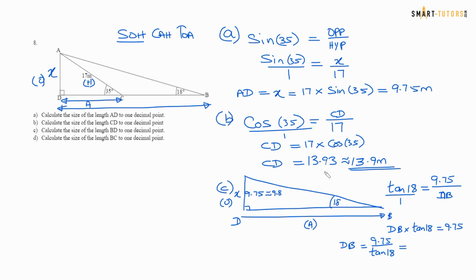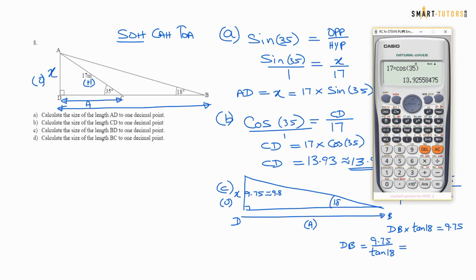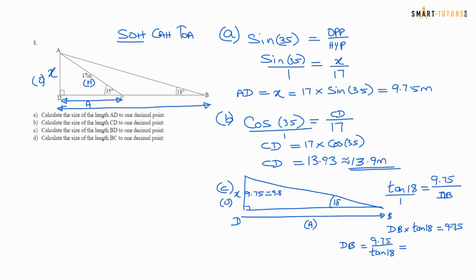So that is the answer. If you want the actual answer in one decimal place, let me do that one. 9.75 divided by tan 18, and that is the answer, 30.0. So the DB is 30.0.